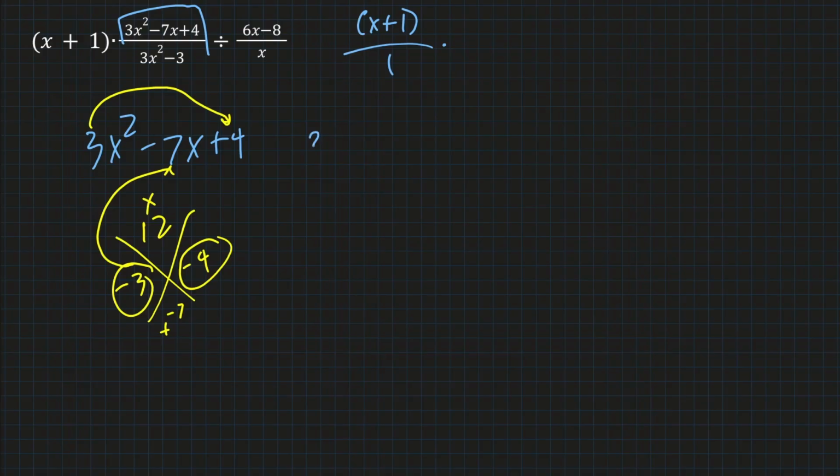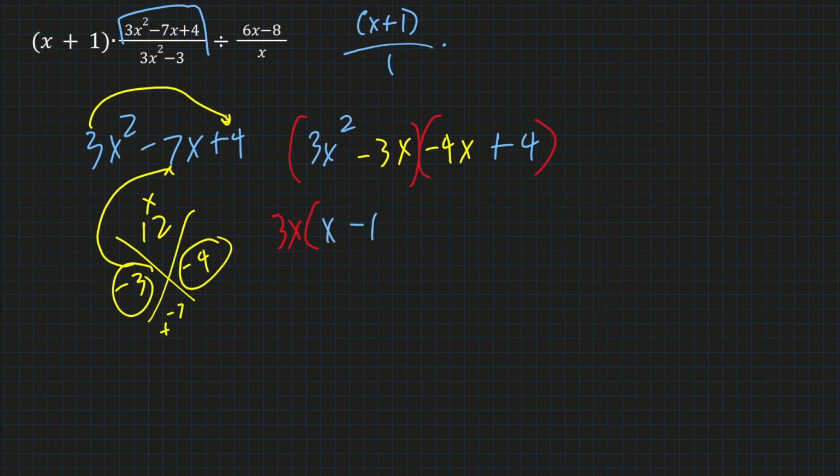So we're going to use these values to expand out our b term. We'll have 3x squared minus 3x minus 4x plus 4. And now from here, we're going to factor by grouping. The first thing we can factor out on this side is 3x, and that will leave us with x minus 1.